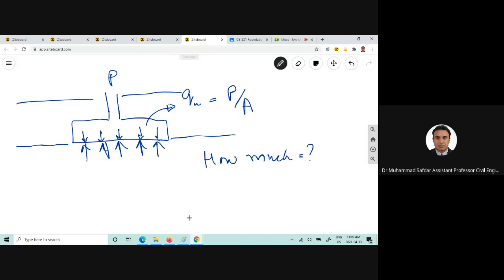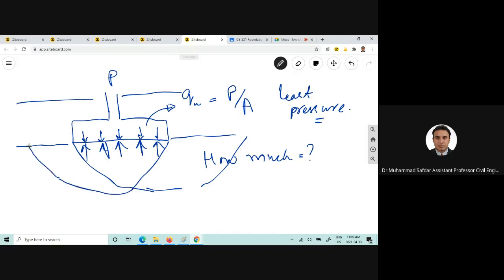So it's the least pressure which can cause a shear failure in this soil, and it is known as the ultimate bearing capacity of that soil.